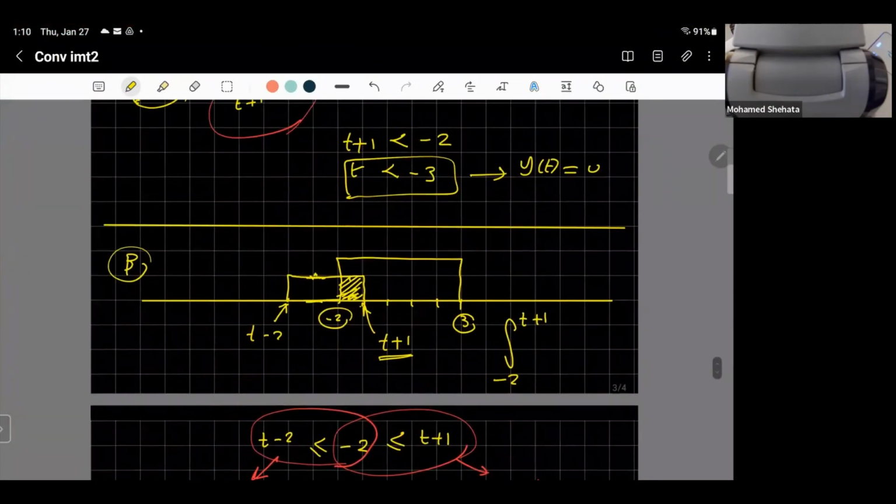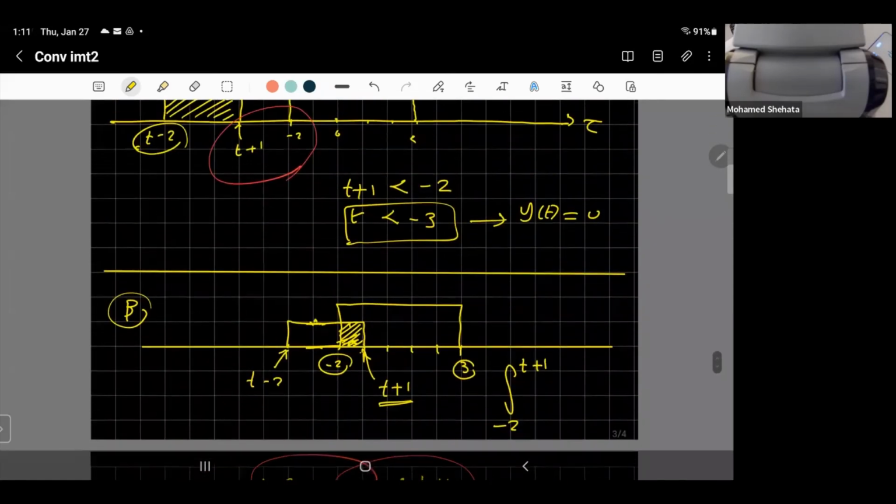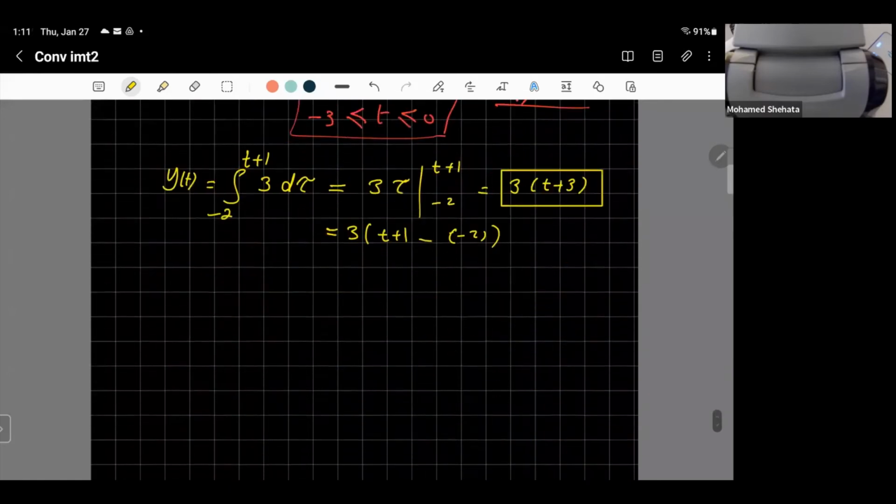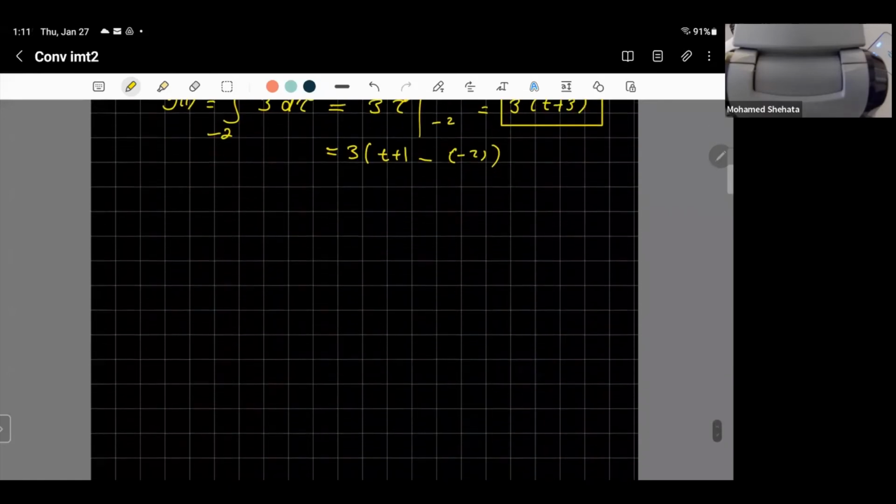Now the third stage is to slide this shaded region more so that it completely overlaps. Remember this from -3 to 3 is fixed. You don't move it. I'm moving only this other, smaller one. So from -2 to 3, on the tau axis.